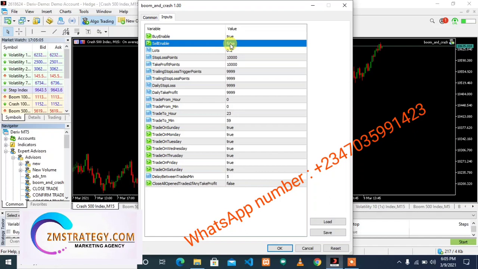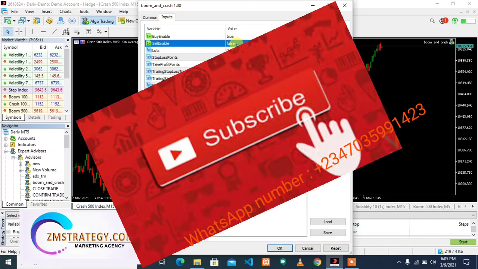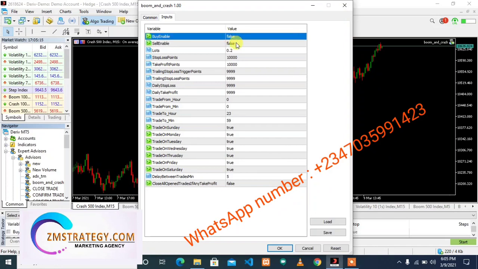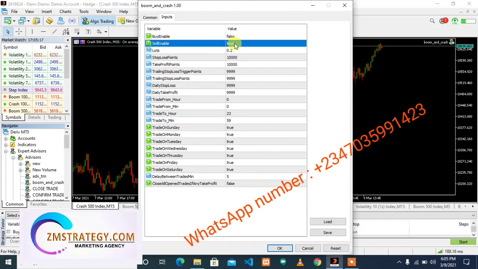So if you are installing the robot on boom, we enable buy while disabling sell. And if we are uploading the robot on crash, we disable buy, then enable sell, which means we are trading the sell trade on crash, while trading the buy trade on boom.